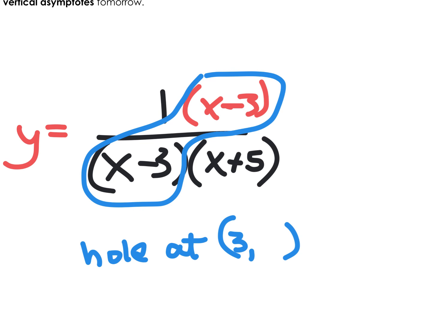The hole would be, well, how about this? Would you agree that normally in math we cancel these, don't we? So then the hole is located at 3 comma 1/8. See if you figure out where I got that.